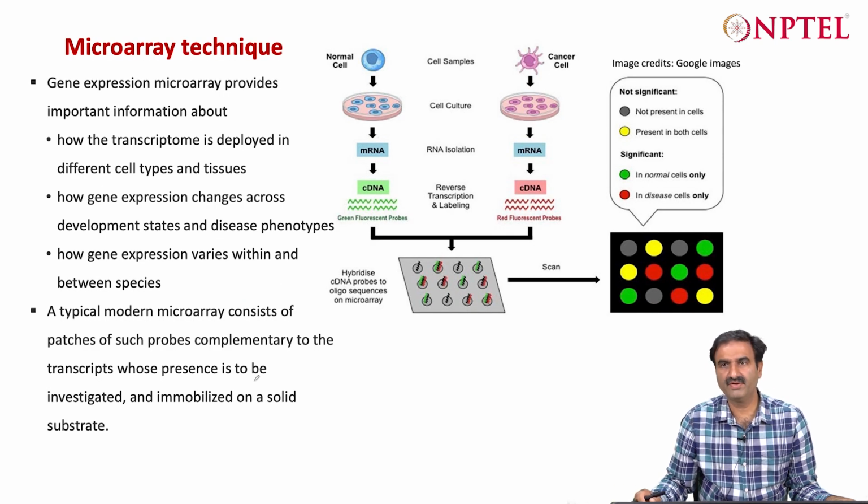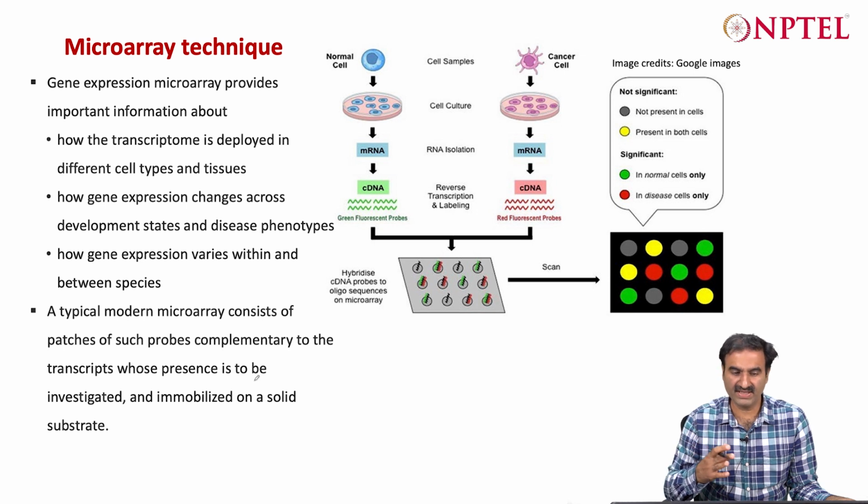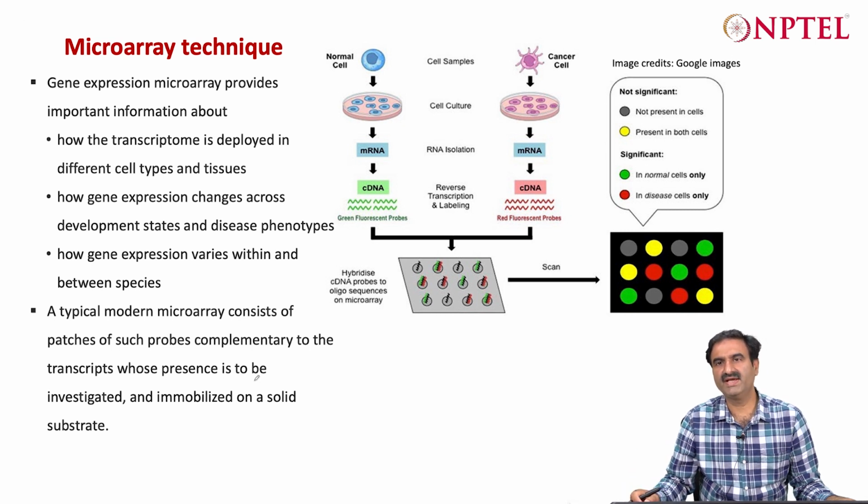Similarly, microarrays. One way to capture the expression, that is, how much a gene is expressing in a cell, is to read all the transcripts which are present in a cell by transcriptomics. And the other way is using a microarray, because if I know what all genes are present in the human genome, I can devise a microarray catalog for the selected genes or for the complete set of genes present in an individual or an organism, and look at the expression level of those genes.